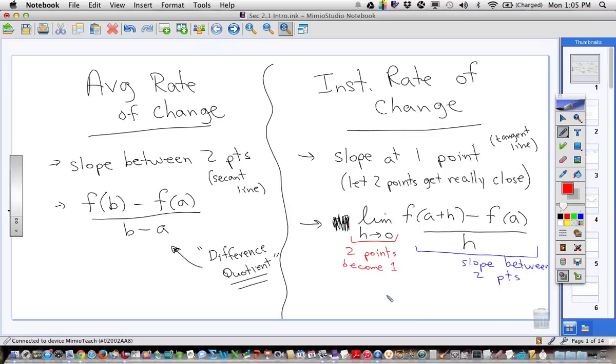That's how this becomes slope at 1 point. So it's not like a brand new formula, it's just an extension of our old formula of slope between 2 points. Okay? All right.